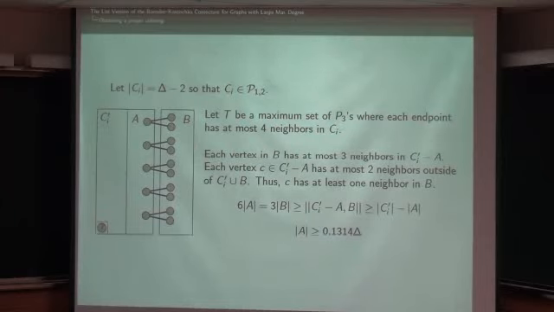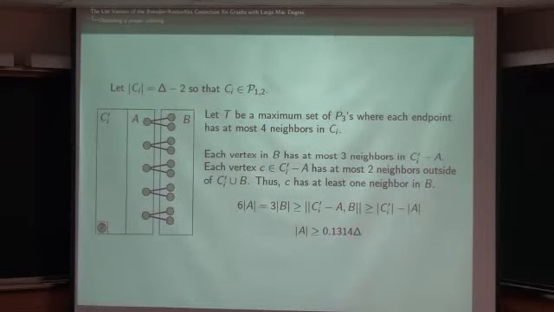But then we have 2 left, which means from that vertex we would have a P3. So this is just some basic counting that I'm going over very quickly. So after counting some edges, we see that we can guarantee some linear in delta number of these P3s.